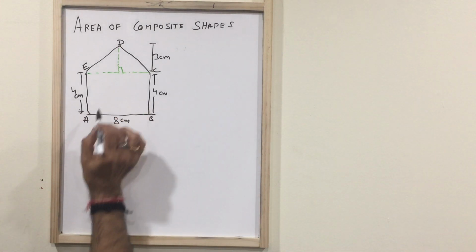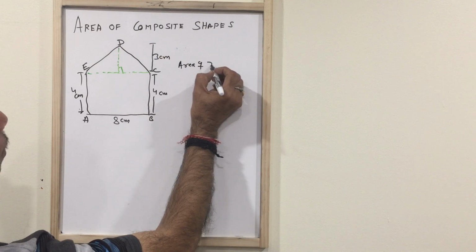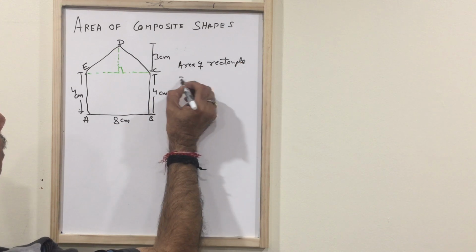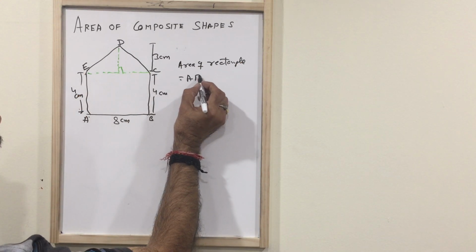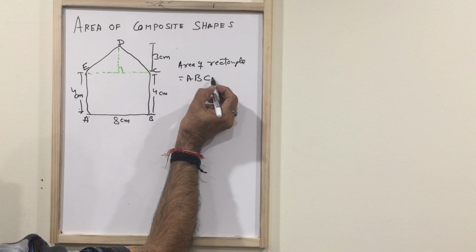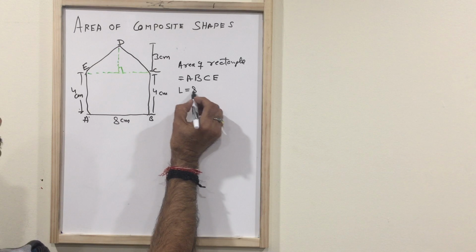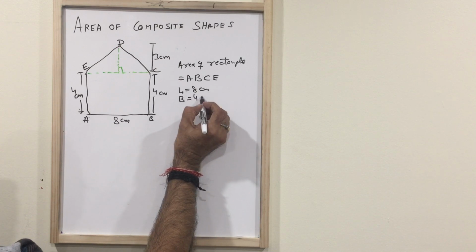Now we know the area of a rectangle. One rectangle is there, that is A, B, C, E, whose length is 8 centimeter and breadth is 4 centimeter.